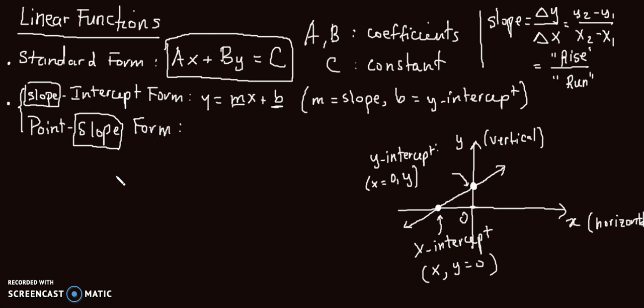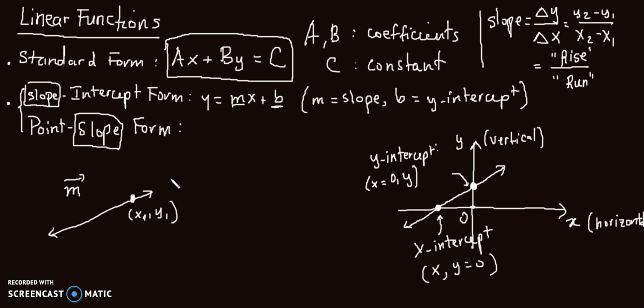The other case is when you have a slope m, and your line goes through a point that you already know, let's say x1, y1. So the line goes through the point whose coordinates you already know.